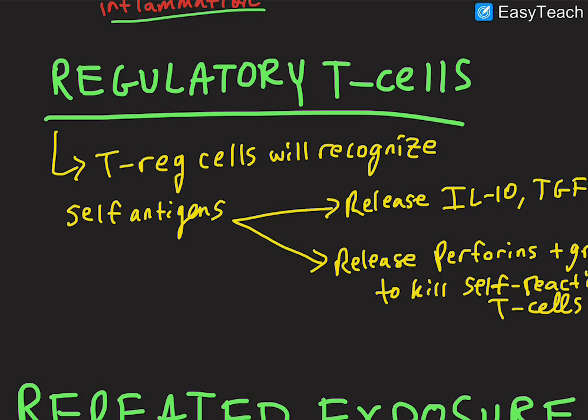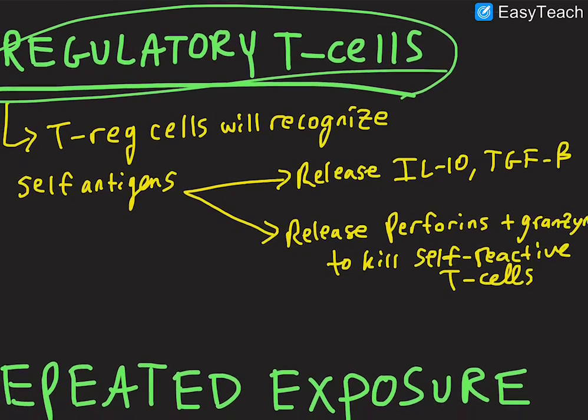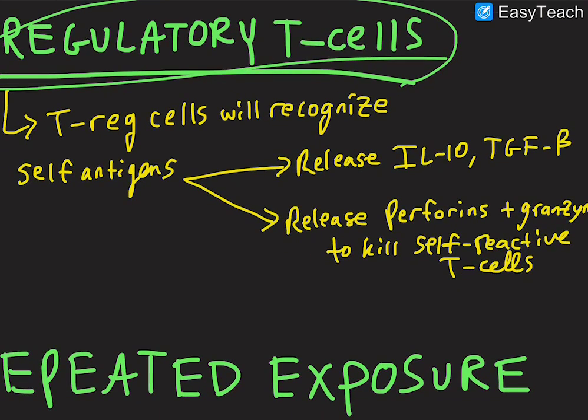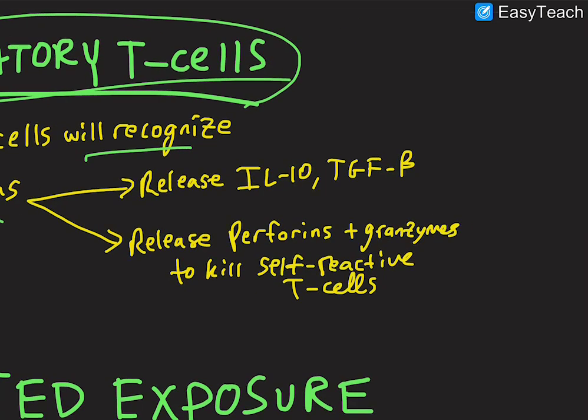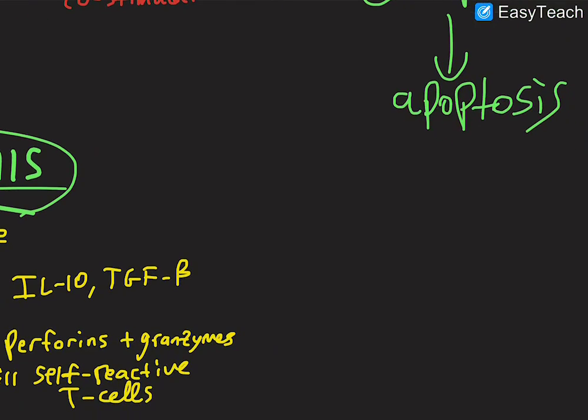So another important part of peripheral tolerance is our regulatory T cells. Remember, our regulatory T cells actually recognize our self antigens and they have a lot of abilities, right? So, something cool about regulatory T cells, and we'll talk about these T cells more when we talk about IPEX syndrome, is they have CTLA4 on them, okay?